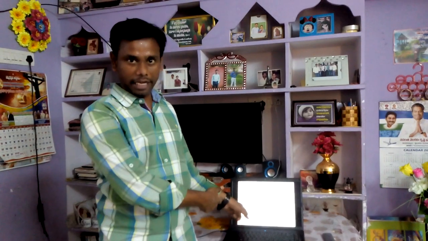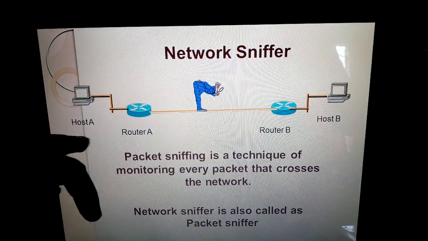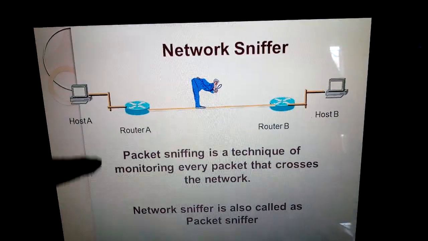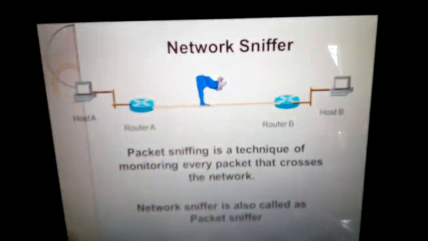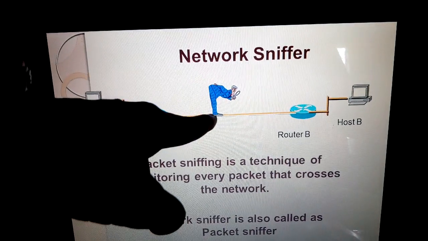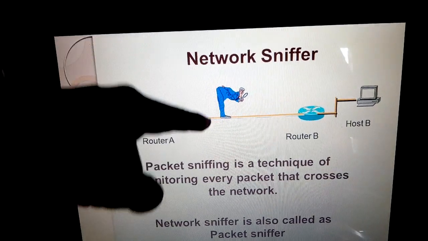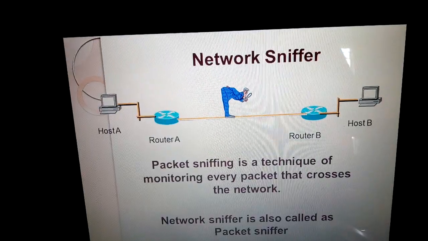When we are transferring information, or trying to send confidential information, here we can find the diagram of a network sniffer. So this is the scenario of a network sniffer. Here we have host A and host B. Between host A and host B, one person is trying to observe the information, or verify the pattern of information between source and destination.